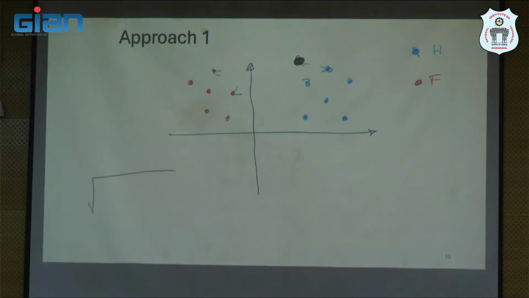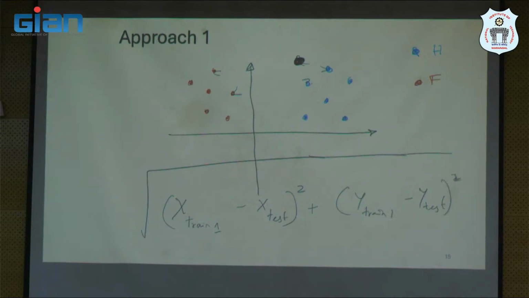Under root, if this is 2-dimensional, let's say each of these has x and y, so (x training 1 minus x test) squared plus (y training 1 minus y test) squared, under root, right? This is the Euclidean distance. It's a very standard equation. You will be able to calculate the distance using this, right?